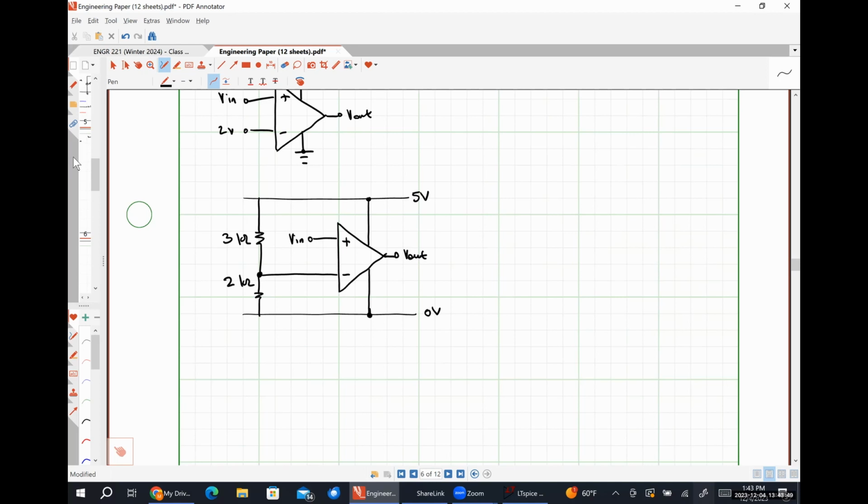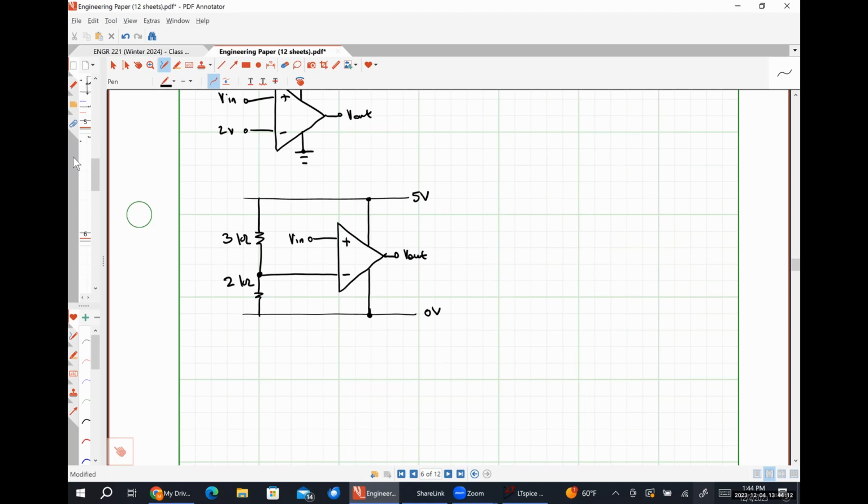Then draw your circuit as a practical op amp, right? Have you been looking at it? No, I've been looking at one page. Do you put enter after it? That's what you're supposed to do.